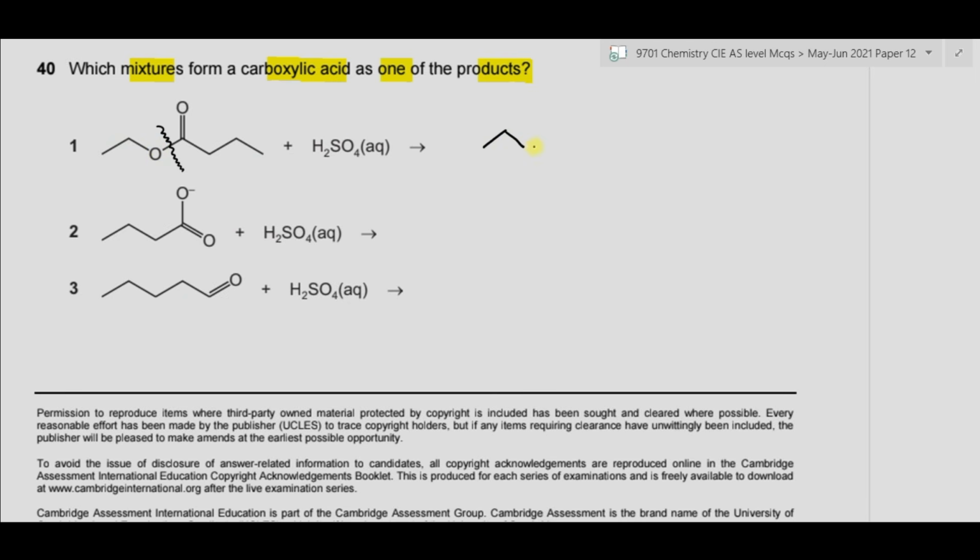So we can draw the products. This is the alcohol part, and this is the carboxylic acid part. As one of the products is carboxylic acid, option 1 is correct.